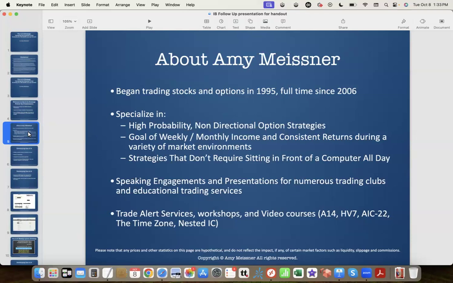I already talked a little bit about myself in the first presentation, but just real quick, I've been trading full-time since 2006, trading options, but I started trading in 1995. I specialize in high probability non-directional option strategies with a goal of either weekly or monthly income, consistent returns, and I like to trade in a variety of markets. So I tend to create things that can be put on in any market environment as a consistent income strategy.